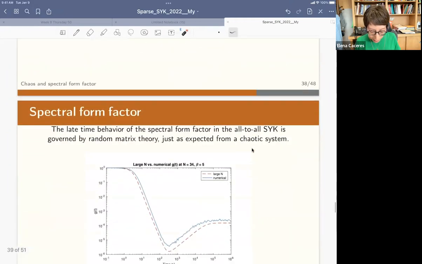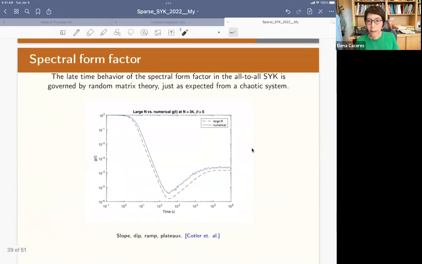And this is probably something that you have seen, a very famous result by a large group of people, including Shenker, Stanford, and Polchinski, and many other people, where they calculated the spectral form factor of the all-to-all SYK and showed the late-time behavior. In this plot, people refer to this part as the slope.